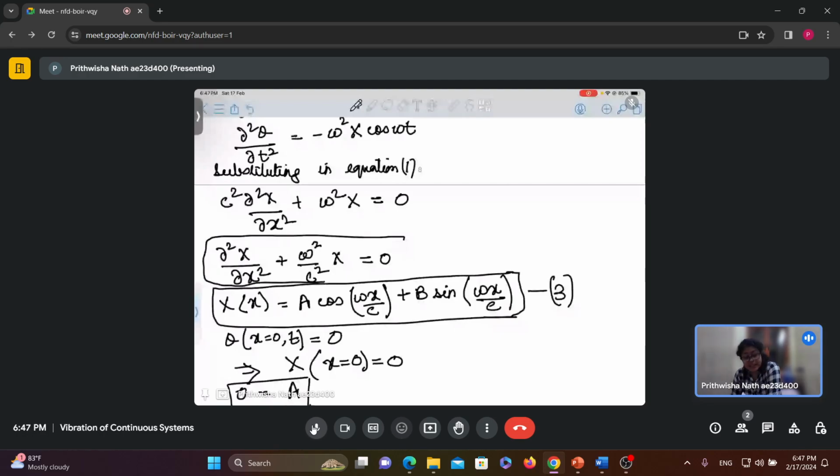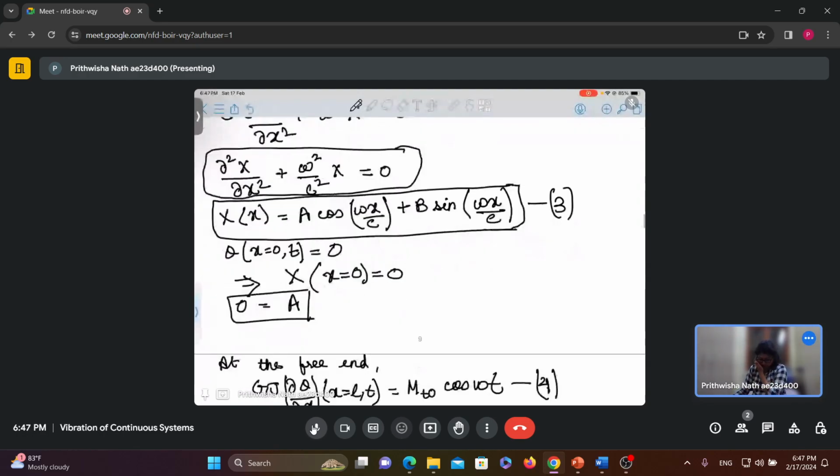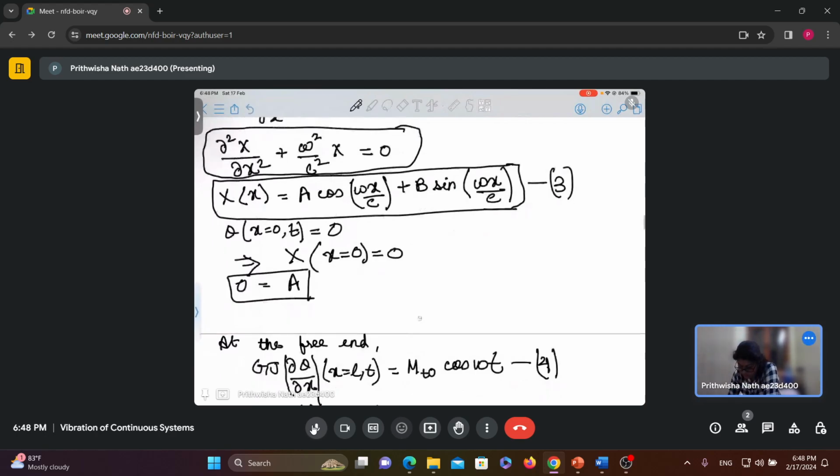Now we need to find these constants A and B. We know that one end is fixed and one end is free. For the fixed end at x equals 0 and at any time t, theta equals 0. So this implies that A becomes 0.